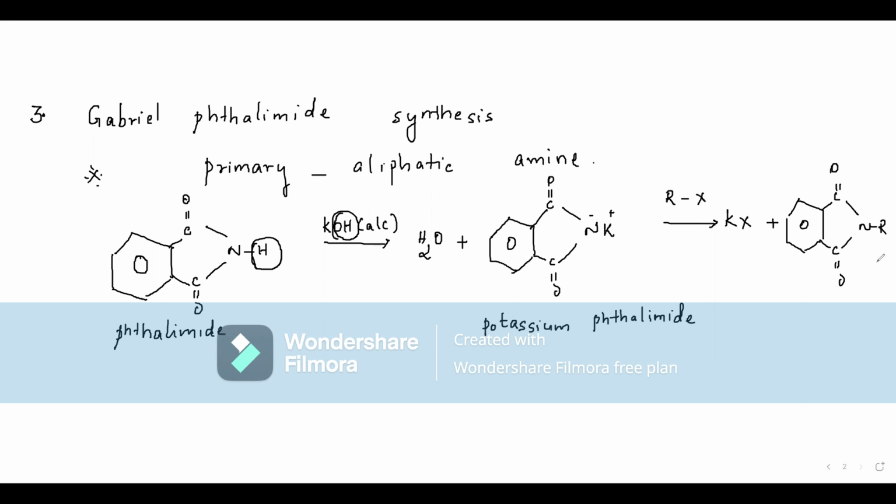R. So NR will be obtained, which is called N-alkyl phthalimide, meaning the alkyl group is on the nitrogen. We are not done with our reaction. We have not got our final product.